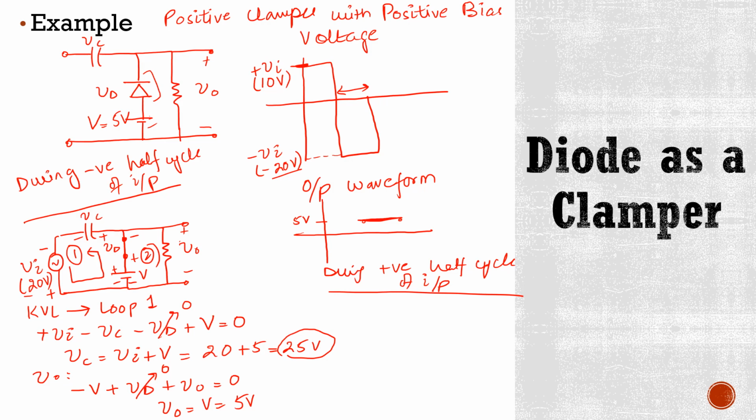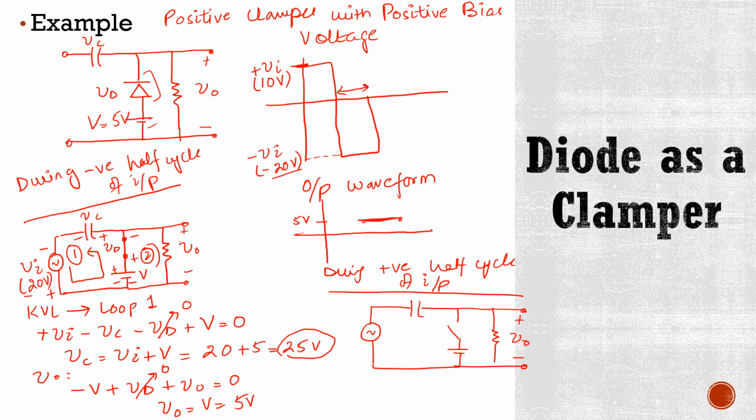During this positive half cycle, the circuit will look like this, where now this diode is open, this is positive, this is negative, and here we have a resistor. Okay, here voltage is V0 plus minus.